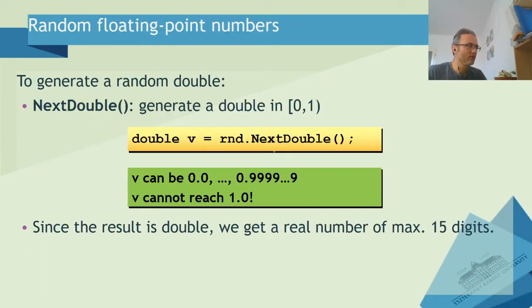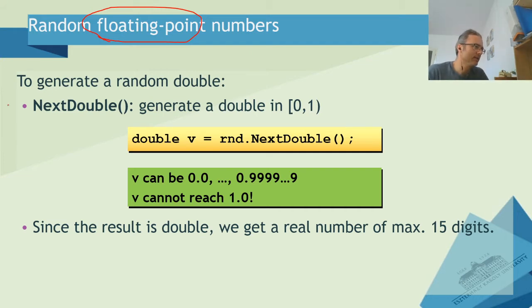Now let's see how you can generate non-integers, floating point numbers, because you might also need this in certain programs. For example, let's suppose you work for an industrial company where you have to run simulations, and in simulators you will probably need to generate floating point numbers in a random way.